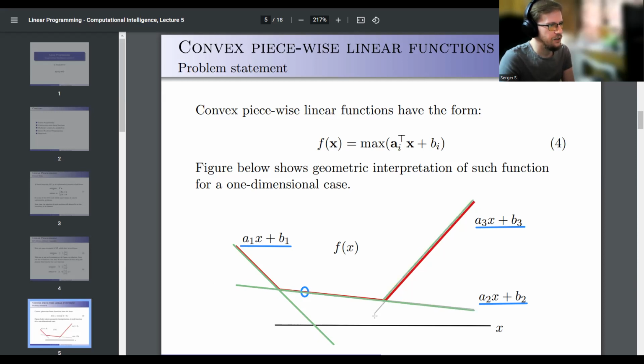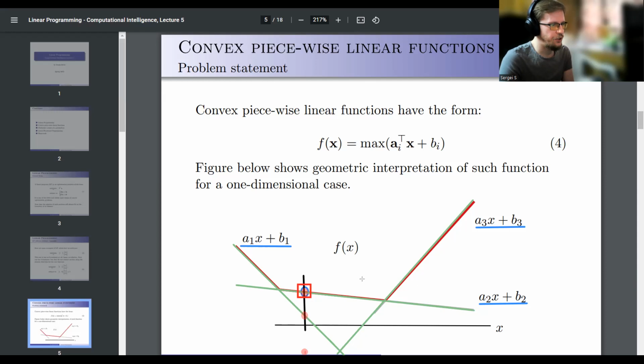Here's the third line, a3x plus b3. Now we want to find the max over those lines at this particular point. This is one value, this is another value, and the third value is somewhere downstairs for this line. You can clearly see that the winner is this guy.